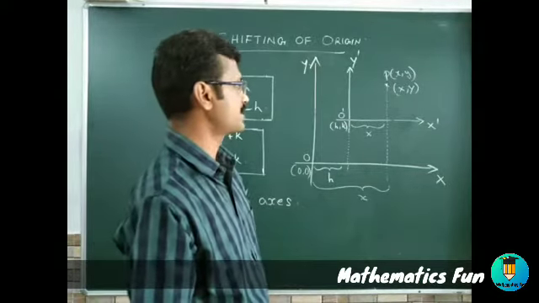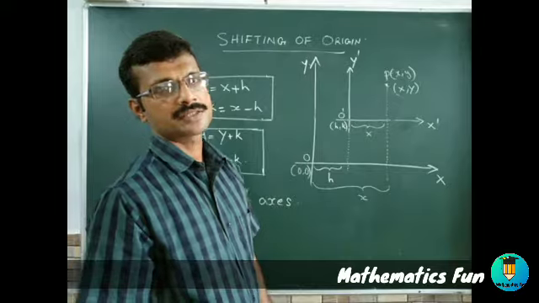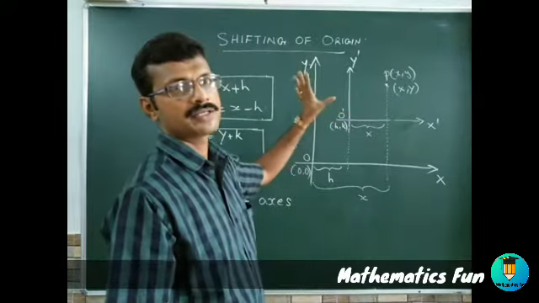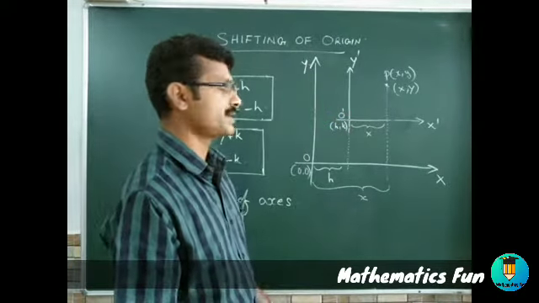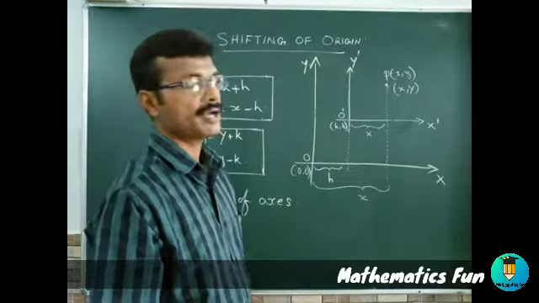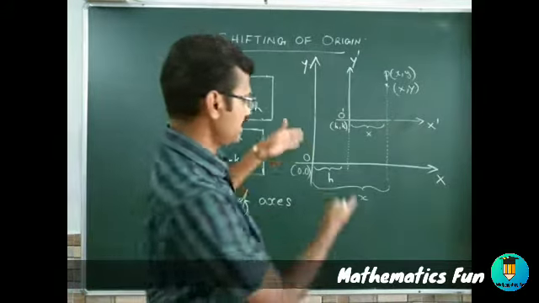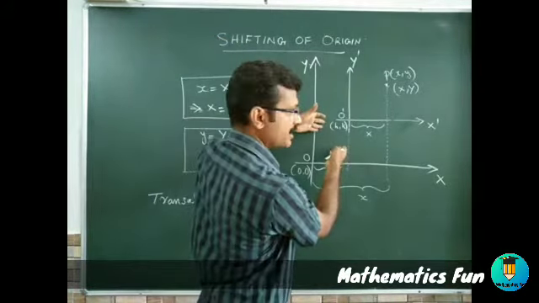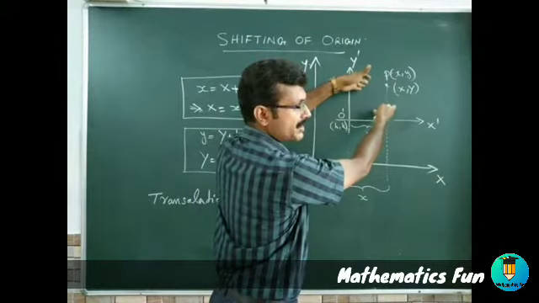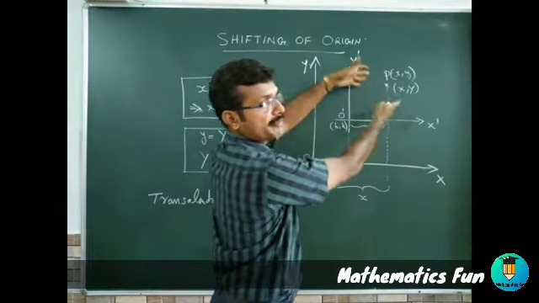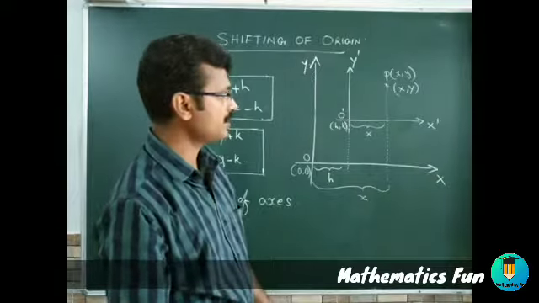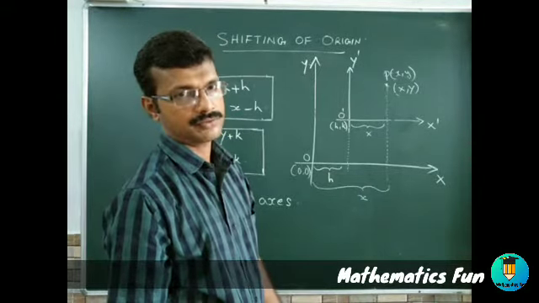Now when we do this, suppose 2 points are given, the distance between the 2 points, that is the magnitude, nothing will happen to the magnitude. If one straight line is kept here, or even if it is shifted to some other point, the length will remain the same. The same thing will happen with the area also.